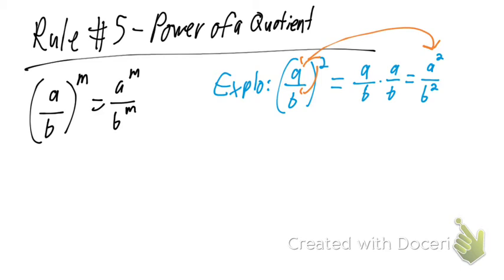So to find the power of a quotient, find the power of the numerator and the power of the denominator. Those are the two blanks. So you distribute it to the exponents in the numerator and to the exponents in the denominator. Pretty similar to the rule we had before, rule number 3.